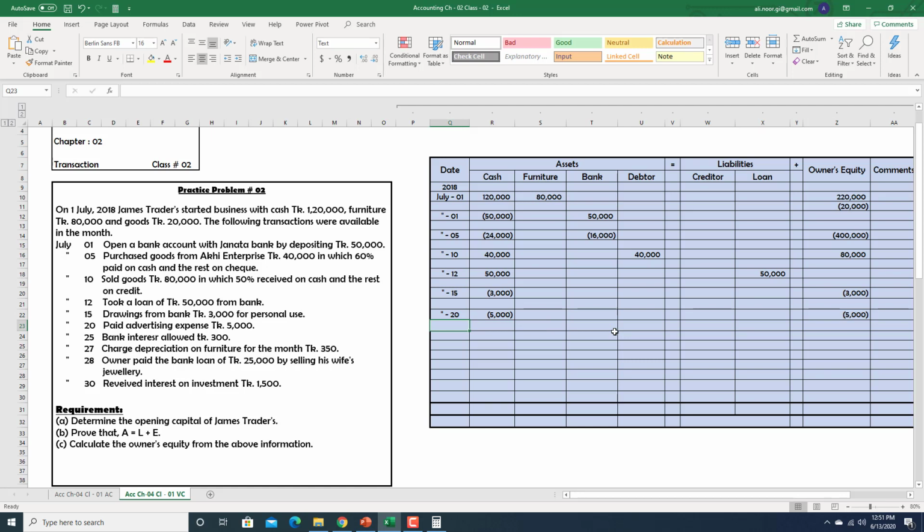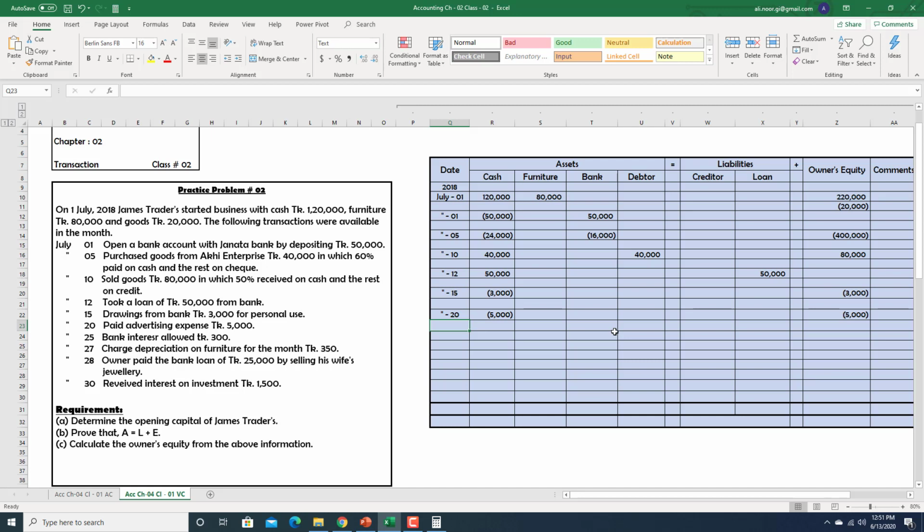Okay, then July 25, bank interest allowed taka 300. Interest allowed means we have got interest from the bank for our deposit. So it will definitely increase the bank account. Never ever will it increase cash, because the bank never allows any interest on cash. When the bank decides to give you any amount of interest, it will add it to your bank account. You have to remember that the bank never does any cash transaction with you.